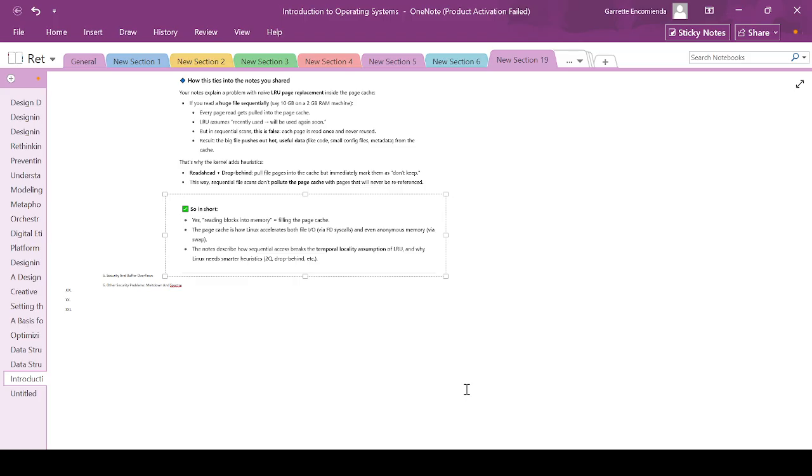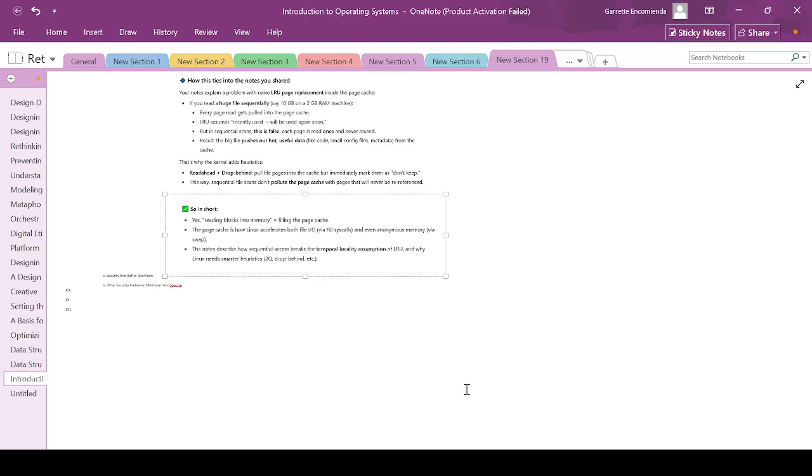So in short, yes, reading blocks into memory is equal to filling the page cache. Once we access something in memory, we fill that in the page cache so that we can access it easily in the future. The page cache is how Linux accelerates both file I/O via FD calls and even anonymous memory via swap.